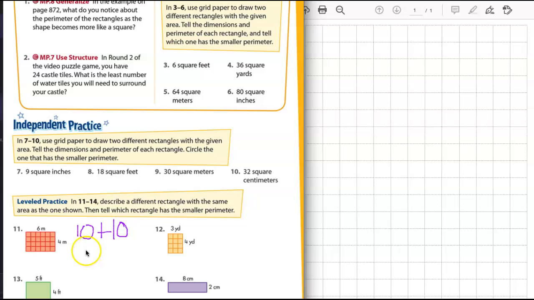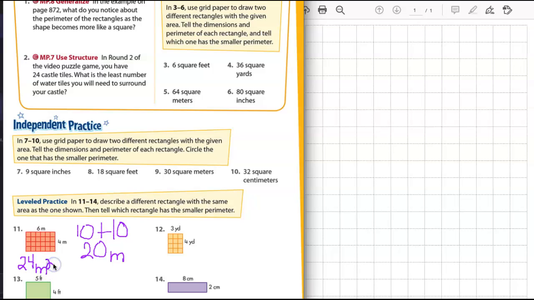So the perimeter of this rectangle is 20, and don't forget the unit should match up, so it's 20 meters is the perimeter, and then the area is 6 times 4, so it's 4, 8, 12, 16, 20, 24. So the area of this is 24 square meters, or meters squared.